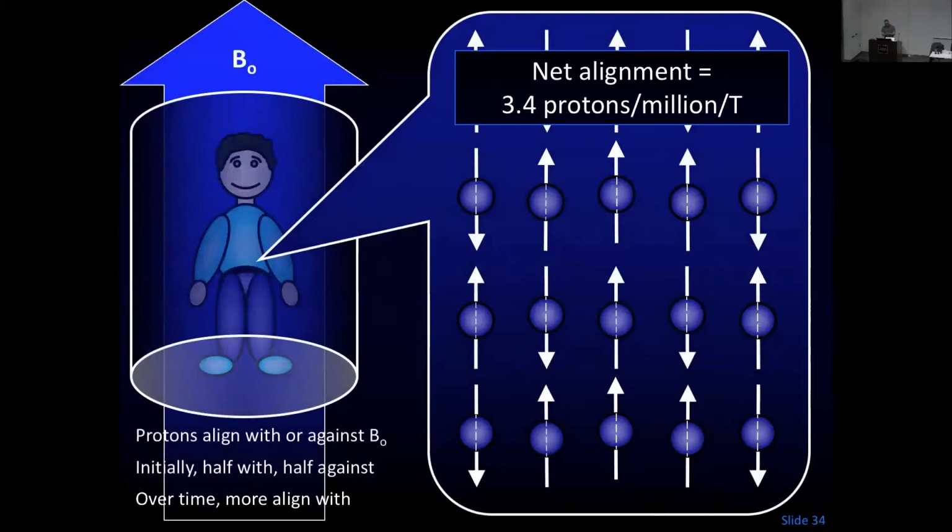Or another way of looking at this is that there will be 500,001.7 protons pointing up, and there'll be 499,998.3, I think, if I did my arithmetic correctly, pointing down, okay?